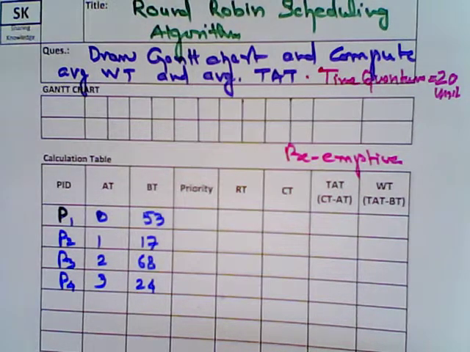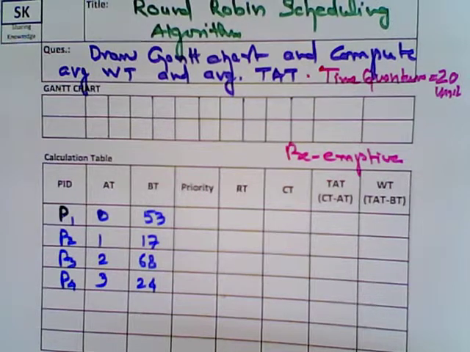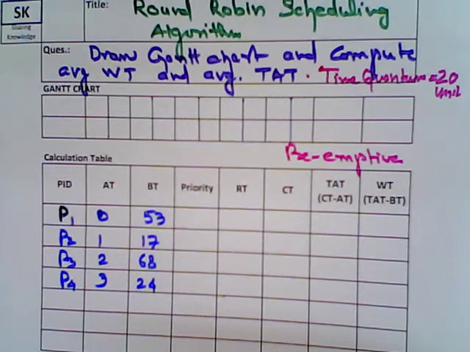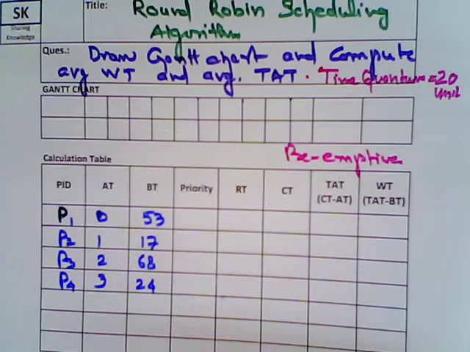In short, preemptive is a scheduling algorithm in which once the process starts running, you can stop the CPU in the middle and give the chance to another process. Non-preemptive is one in which once the process is running, you cannot interrupt the CPU, and only after completing its task will the process release the CPU. That you have to understand. So this is preemptive.